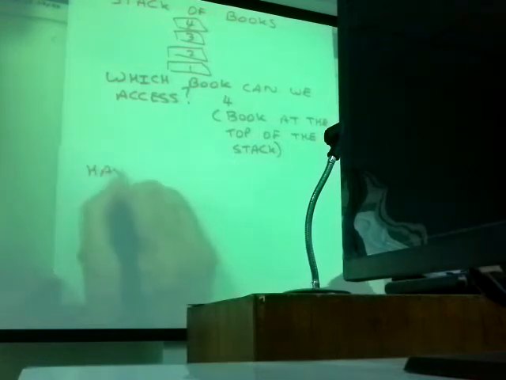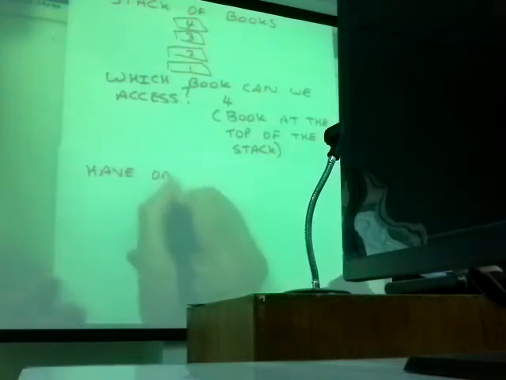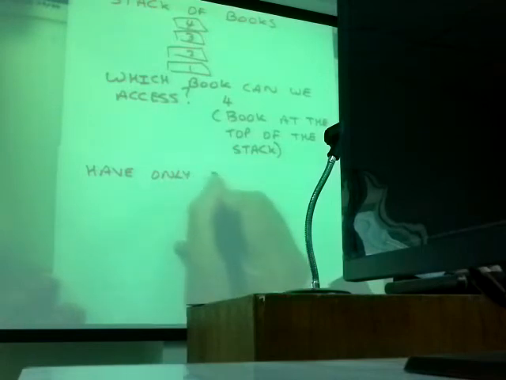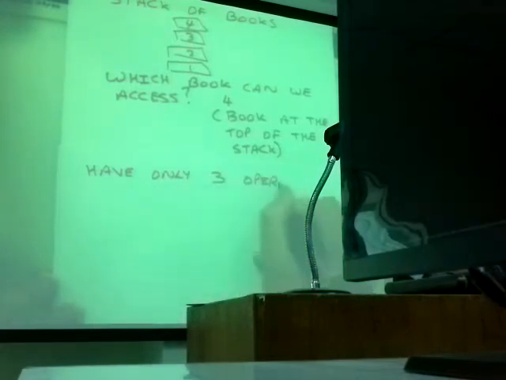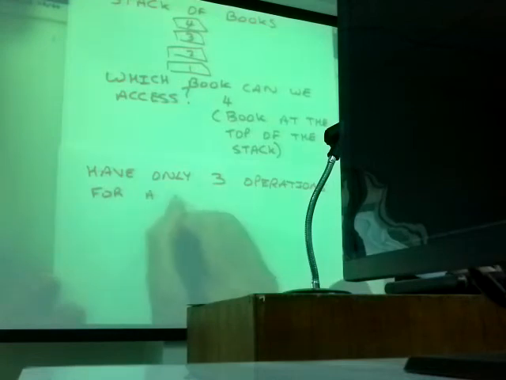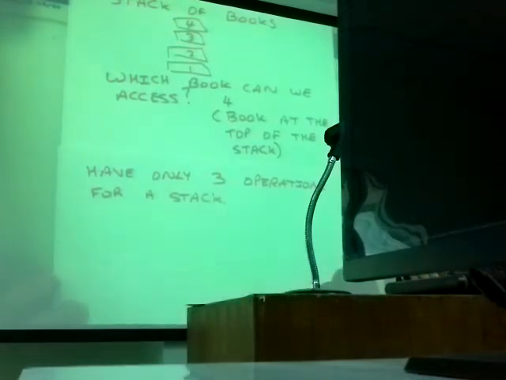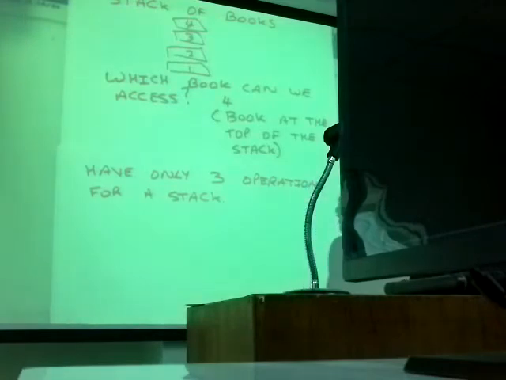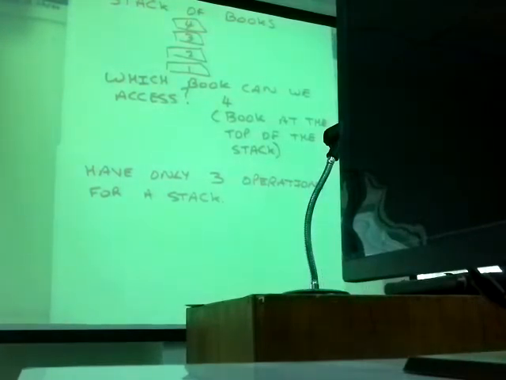We have only 3 operations for a stack. So we can only do 3 things with a stack. Nothing else.